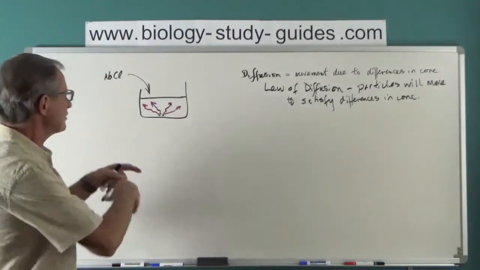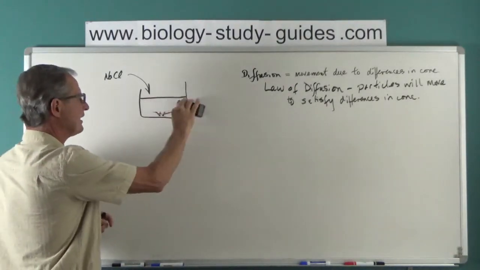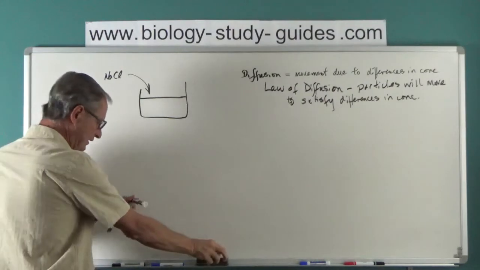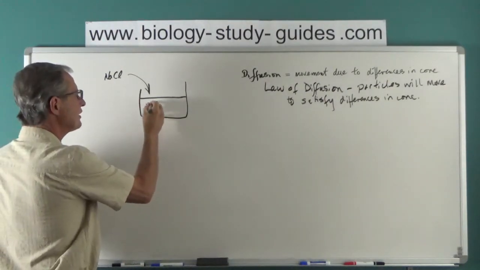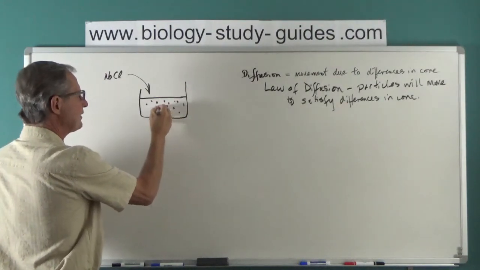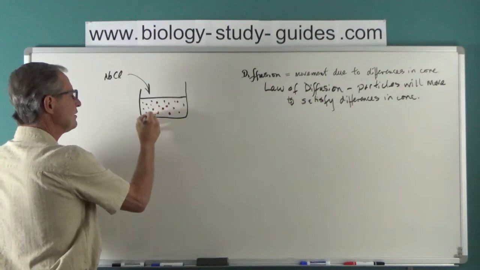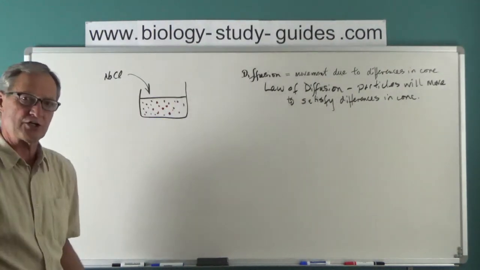So when this is finally all dissolved, when it's all dissolved and you've left it long enough, the sodium and chlorine ions will be evenly distributed. If they weren't evenly distributed, they would still be moving around a lot in order to make them evenly distributed.